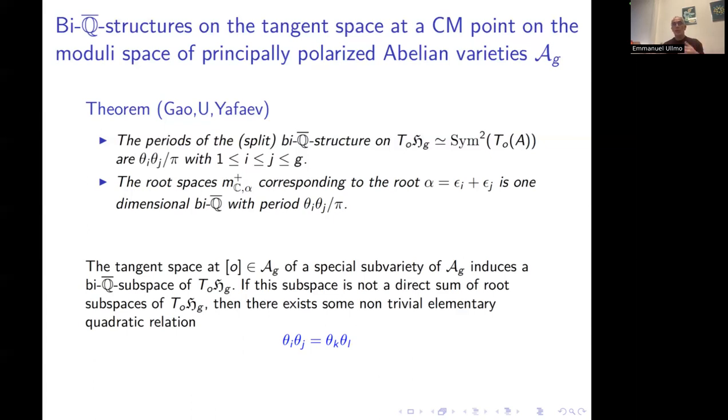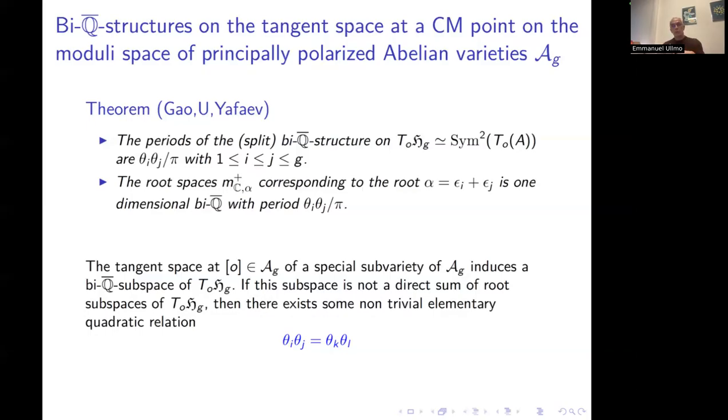One situation where all the theta i, theta j are distinct, and in this case you will have only finitely many Q bar subspaces on the tangent space at your point of Ag.